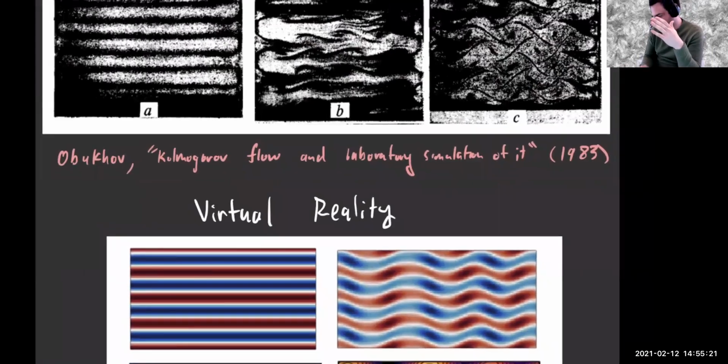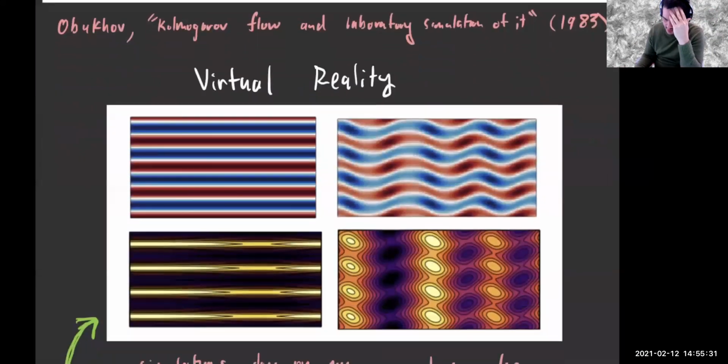Actually there are more realistic, more modern experiments that have even better images, but I thought this was interesting. Here's virtual reality. This is a computer simulation. What you're visualizing here is the vorticity, and here it's the stream function. These lines represent motion of particles.